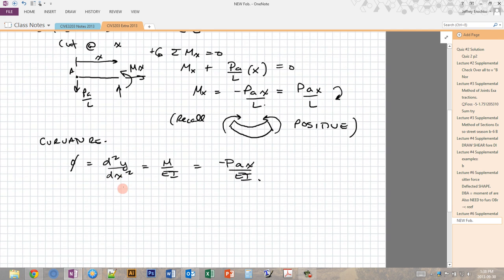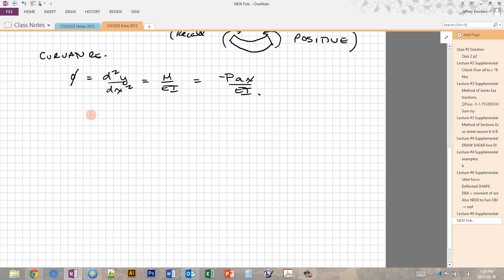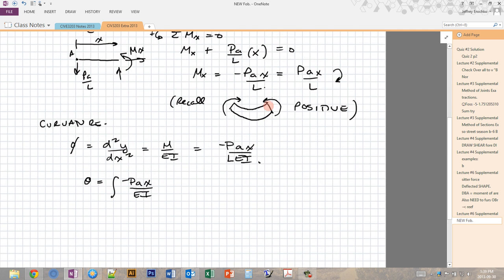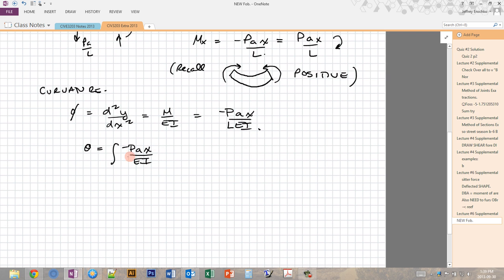That's very simple. So now that we know our curvature, if we integrate our curvature, then we have an expression for the slope. So here's our slope, theta, right, is the integral of negative curvature, which is PAx over EI. Oh, I'm sorry, I forgot an L up here, because this was PAx over L, so PAx over LEI.